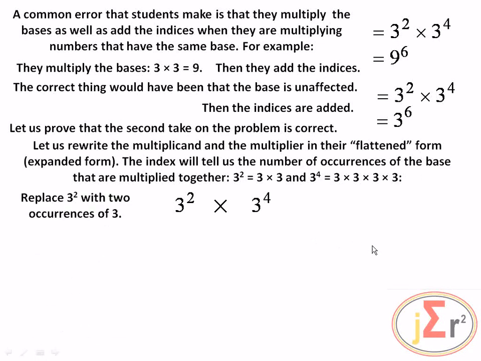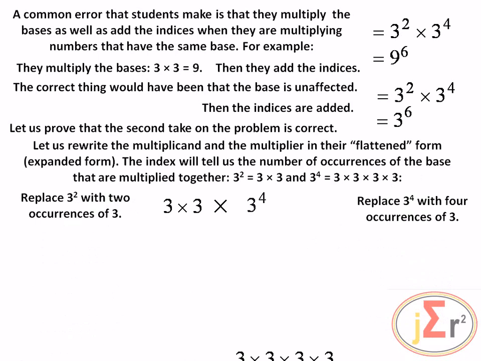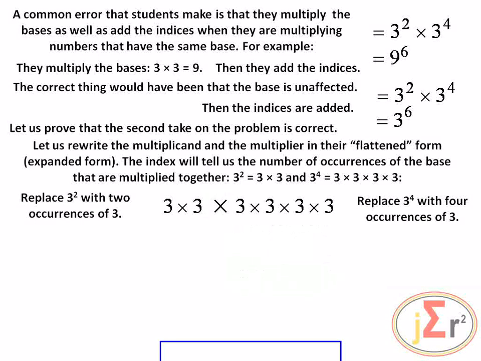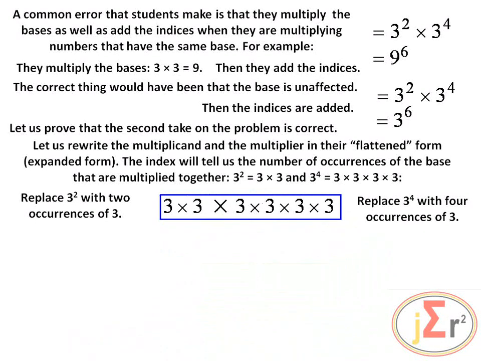We will replace 3 to the power of 2 with 2 occurrences of 3. And what will we do next? Replace 3 to the power of 4 with 4 occurrences of 3. And what do we have there altogether?